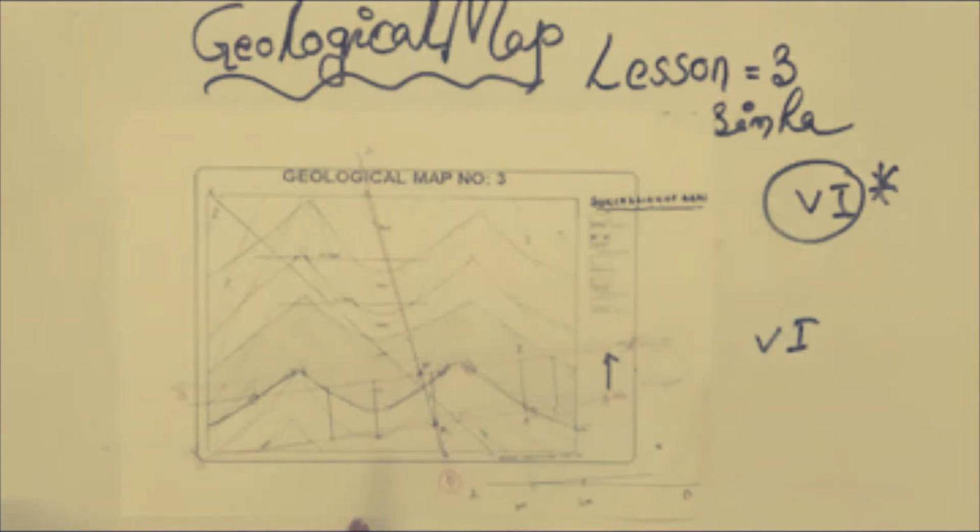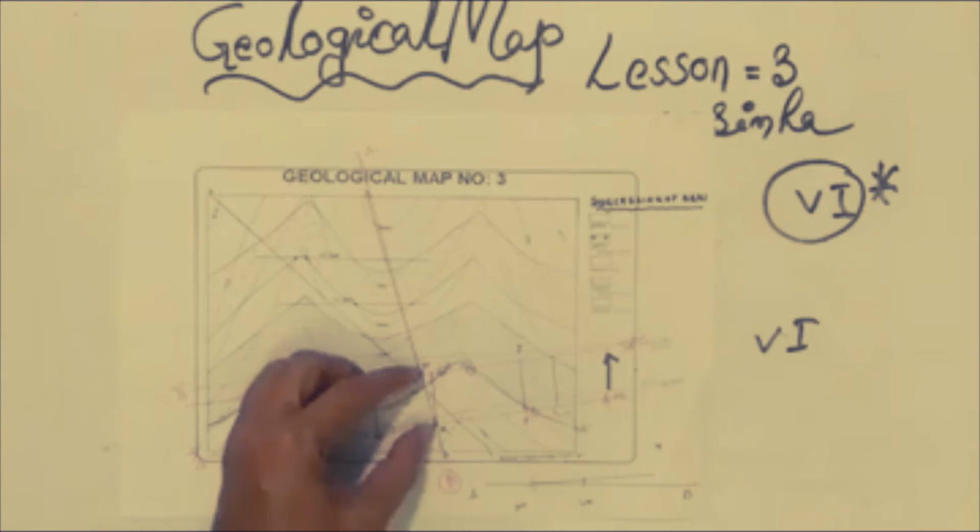Okay, the first time the linear distance was along the section line. That was the apparent dip, the horizontal equivalent for the apparent dip. And in the second type, the vertical interval is fixed, but the linear distance, the horizontal equivalent, is the minimum distance between two consecutive strike lines.